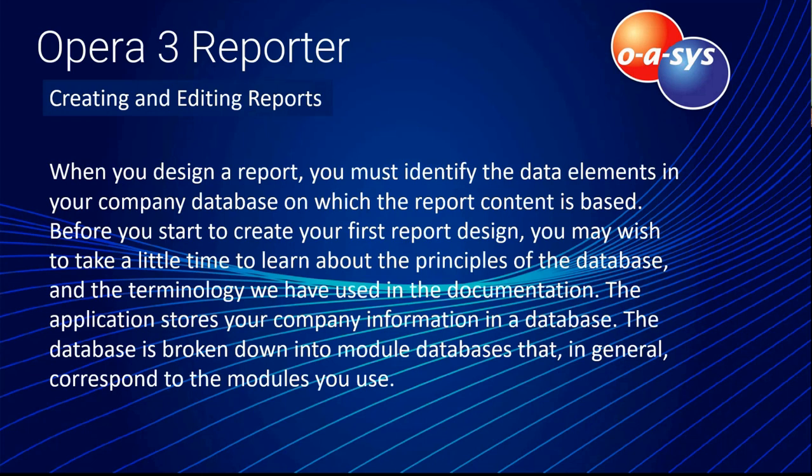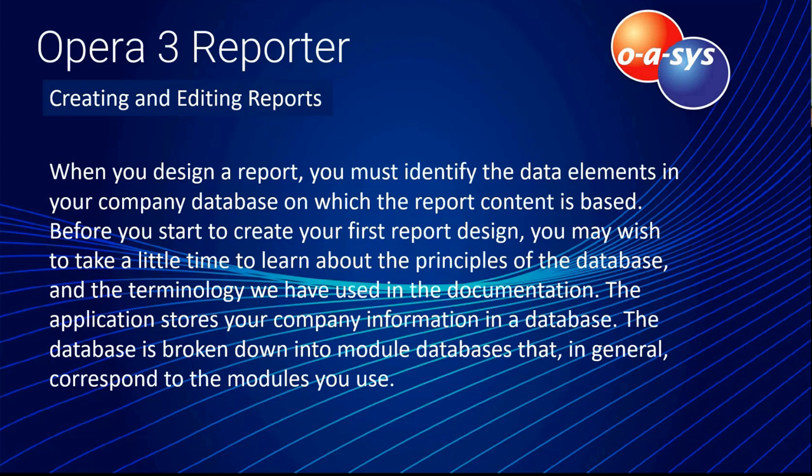The application stores your company information in a database, and the database is broken into module databases that in general correspond to the modules you use. So it just means that in the background of your data, there are databases, and each database table or file contains certain information about certain areas in your database.